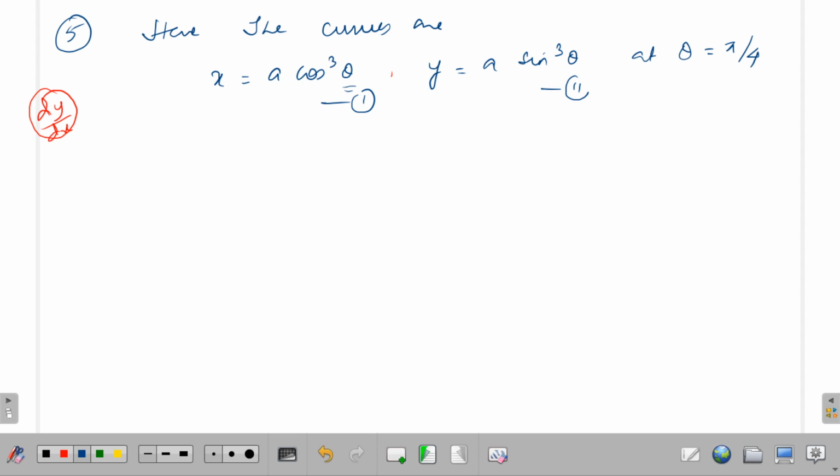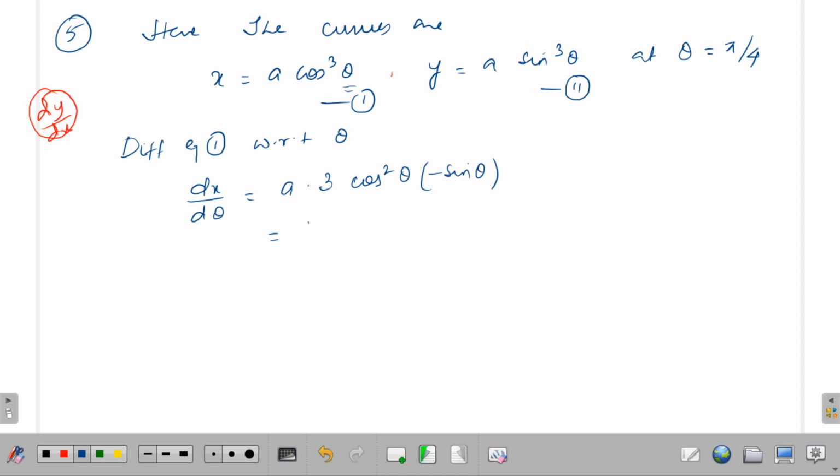Differentiating equation 1 with respect to theta, I'll get dx by d theta equals a into 3 cos squared theta and then minus sine theta. So the answer would be minus 3a sine theta cos squared theta.